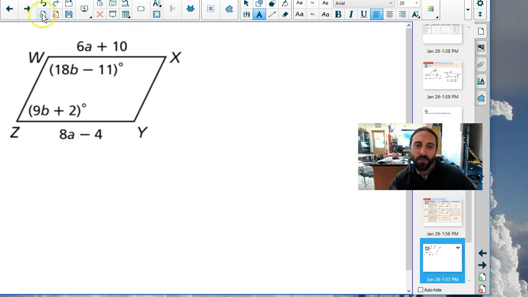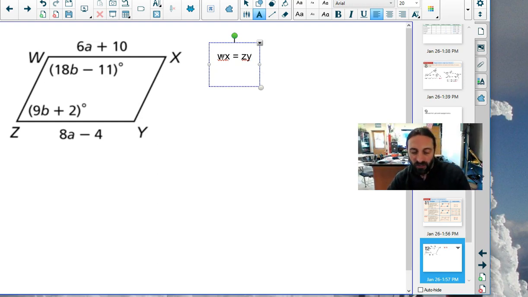So now that you see those properties, you can see how you can work out and solve these problems. So for example here, if I want to find the length of WX, right? Well, WX is the same as ZY, right? Because if this is a parallelogram, and I didn't write it there, but it is a parallelogram, then you know that WX opposite sides are congruent.